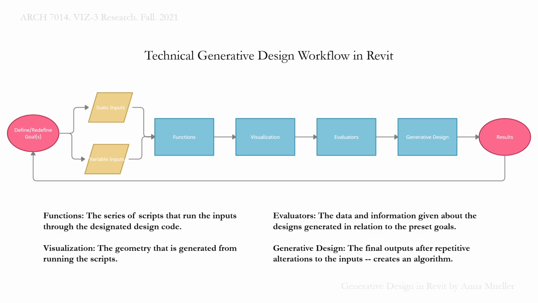And then generative design is the final outputs, what you see, all the repetitious iterations that come up, and it creates an algorithm specific to your study so that each time you do it, it can further refine it. This is kind of like a loop where you can keep going until you're satisfied with the results.